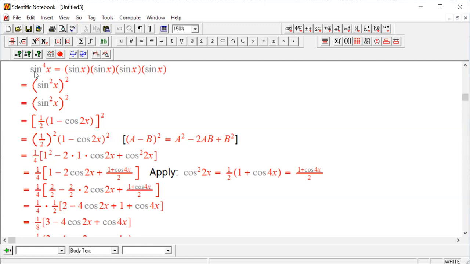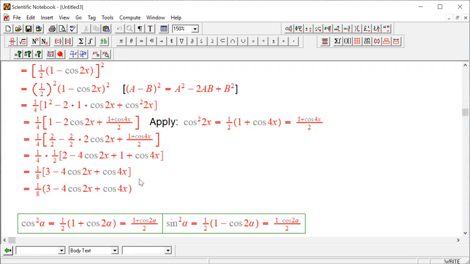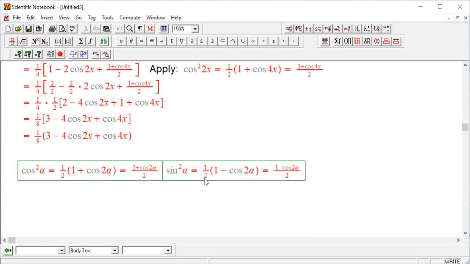If we have something like this, you would have to go through multiple steps. A typical situation where you have to do this is in Calc 2, integration. So let's try one more, which is number 5.